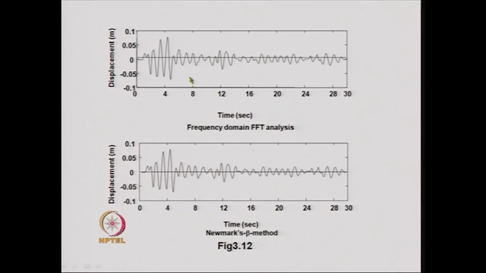The reason was that the initial condition taken for this problem was that it was at rest, that is, there was no displacement and no velocity at time t equal to 0. Therefore, both the frequency domain solution and the Newmark's beta method solution provided nearly the same result.